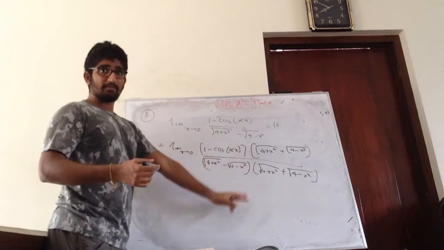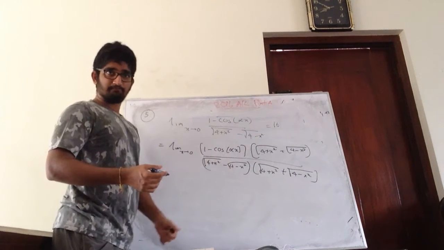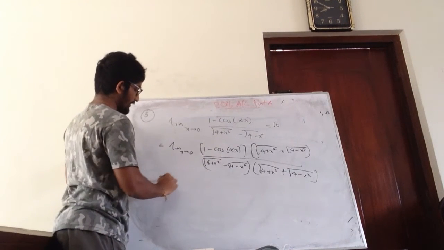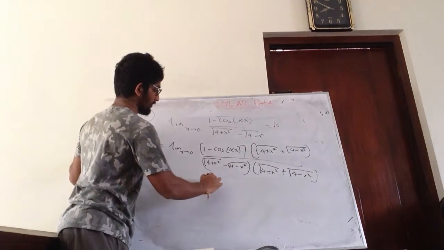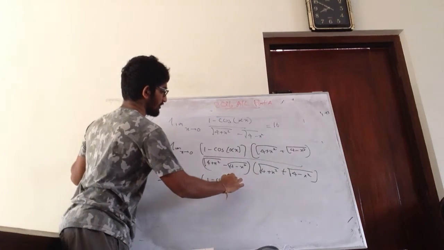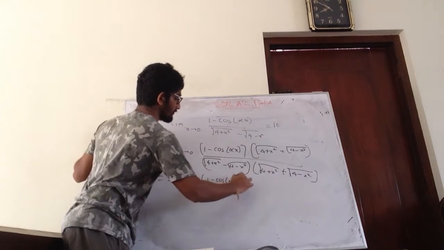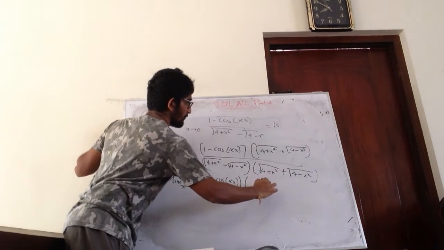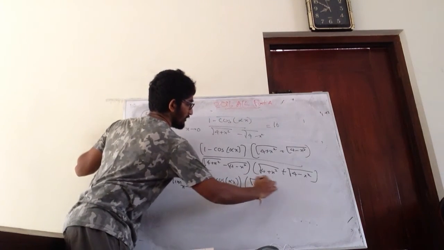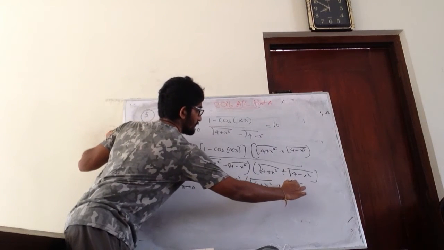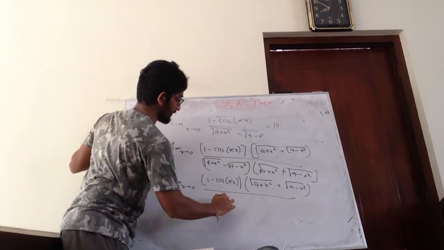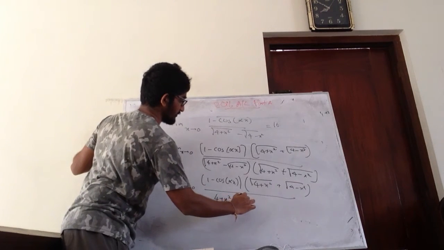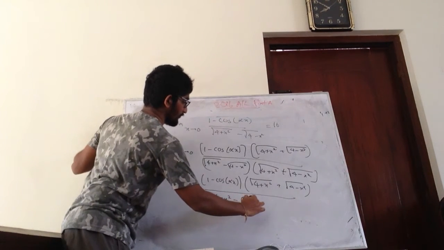So I multiplied by the conjugate on both sides. Then I get limit x goes to 0 of 1 minus cos alpha x, times the square root of 4 plus x squared plus the square root of 4 minus x squared, over 4 plus x squared minus 4 minus x squared.